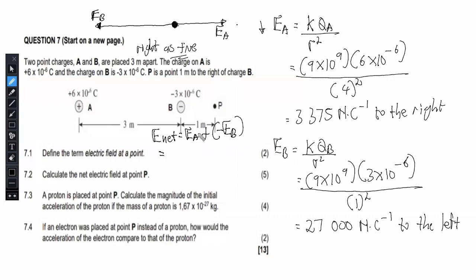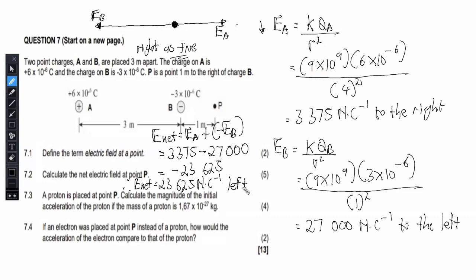So this is going to be equals to 3,375, and then plus times negative is negative, so it's minus 27,000, right? And then when you punch that into your calculator, you get negative 23,625, which we need to then conclude that therefore our E net is actually equals to 23,625 Newton per Coulomb.